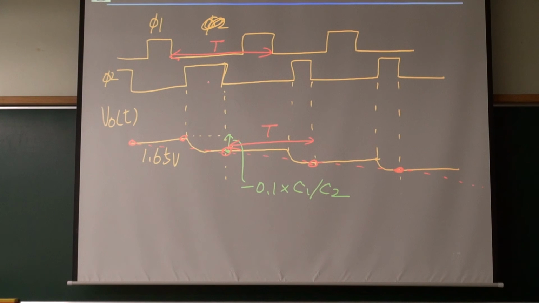So I can approximate the VOT. This is t equals 0. Where is t equals 0? Oh yeah, here I assume this is t equals 0.